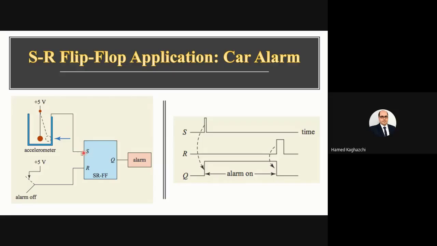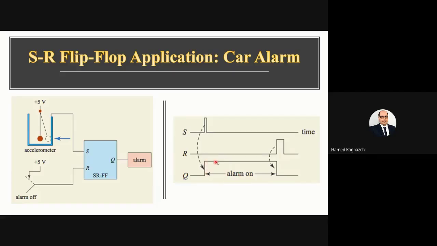What happens when the S input in the SR flip-flop is 1? We said that if S is 1, Q will change to 1. Q will be set. Look at here. S is 1. Q changes to 1. What happens when Q is 1? The alarm starts. The alarm is on.